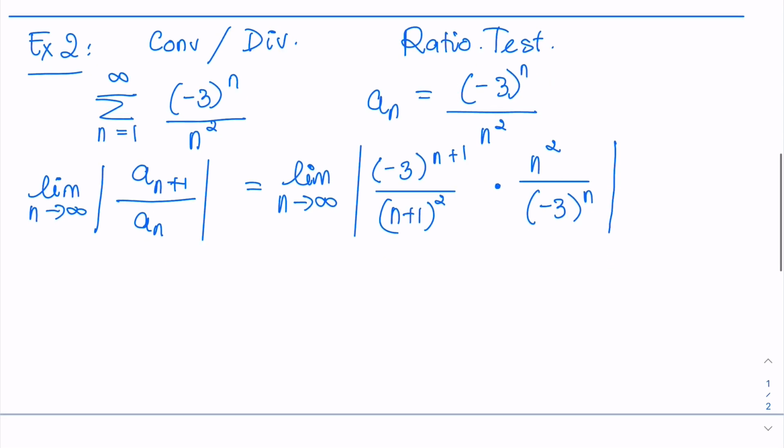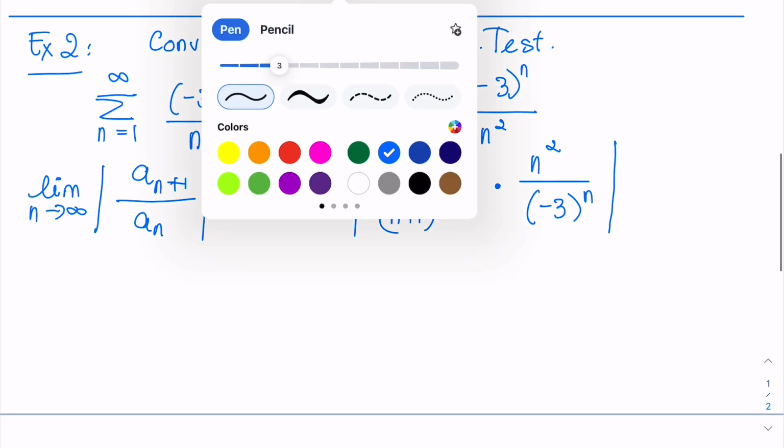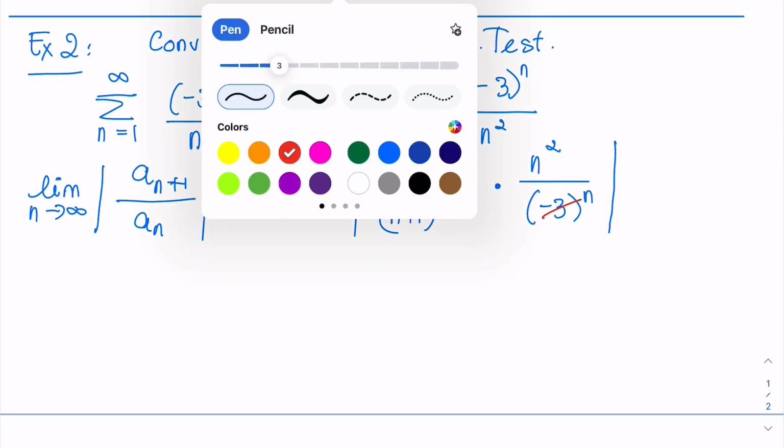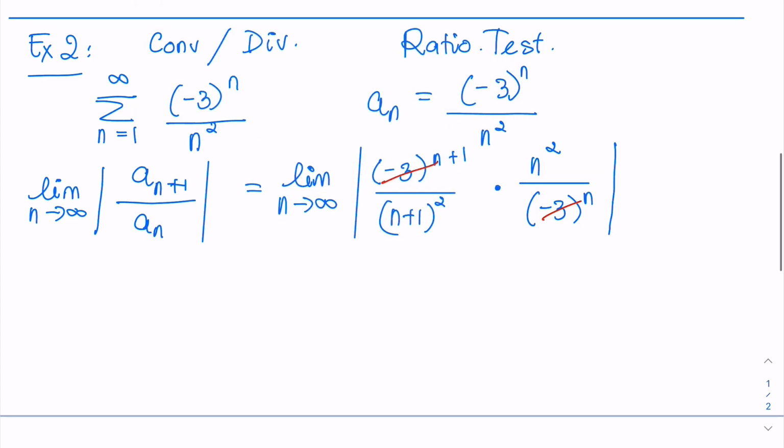You can see that I can simplify this one with this one. I can also take the 3 out. So I ended up with the limit as n goes to infinity of 3 over 1 plus 1 over n squared.